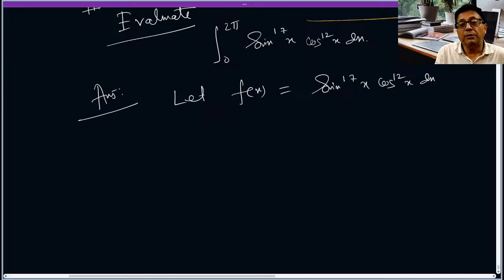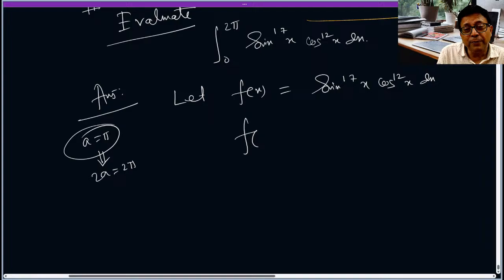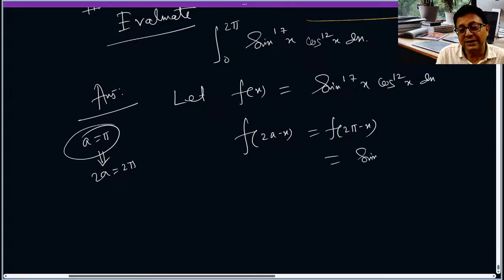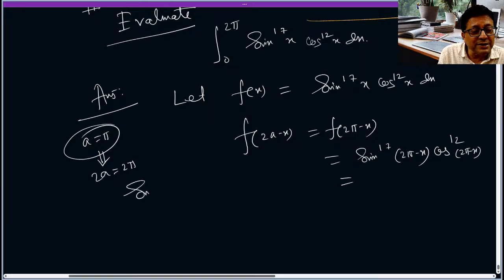Okay? Now here, what is a here? A is pi, 2a is 2 pi. So f of 2a minus x we will find. 2 pi minus x, sine to the power 17 of 2 pi minus x. Isn't it? What is sine 2 pi minus x? Fourth quadrant.